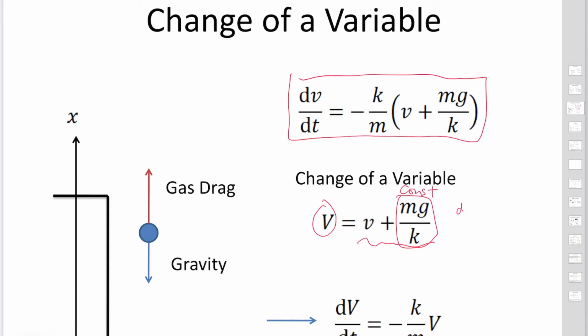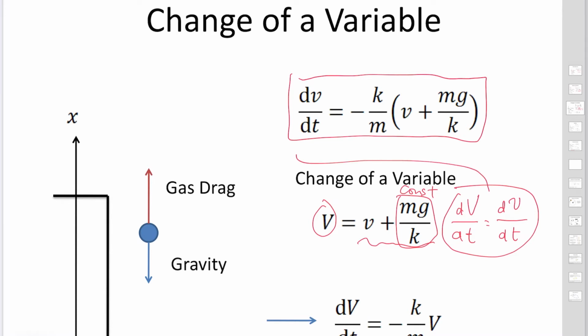If you consider the derivative of capital V with respect to t, this is equal to the derivative of the lowercase v with respect to t. Then you can substitute this relation into the left-hand side and the right-hand side, and you will get this equation.